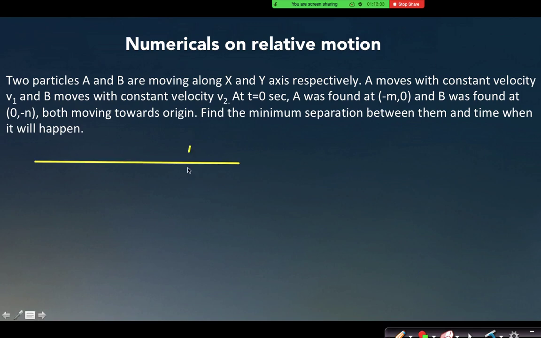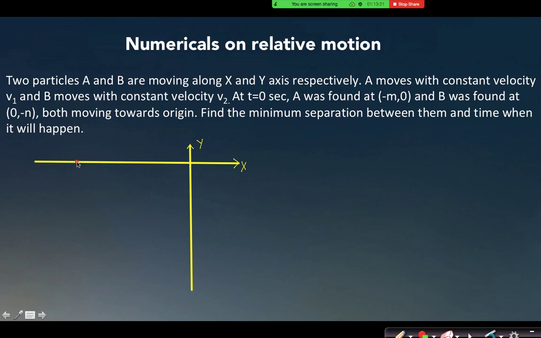This is x axis, this is y axis. I will solve this question by only using the relative motion concept. This is x axis, y axis, and at some instant, suppose the particles are here and here.